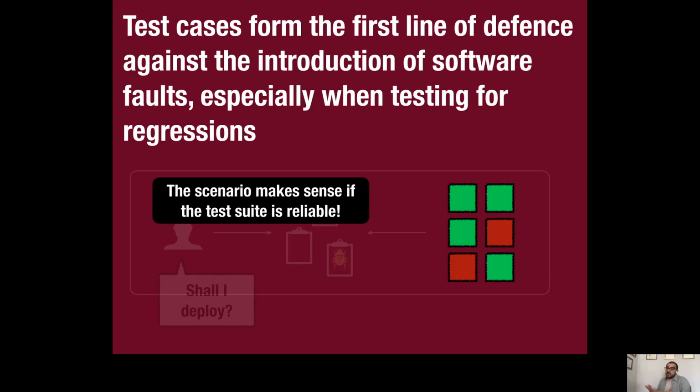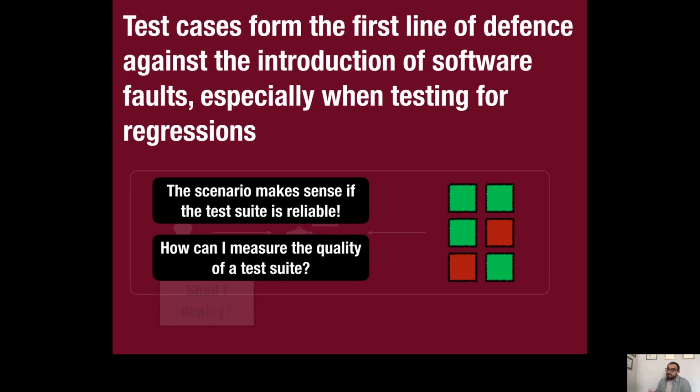However, this scenario I just presented makes sense if and only if the test suite is reliable. Otherwise, developers cannot have enough information on the product, on the effectiveness of the software. And therefore, it is crucial for them to measure the quality of a test suite.